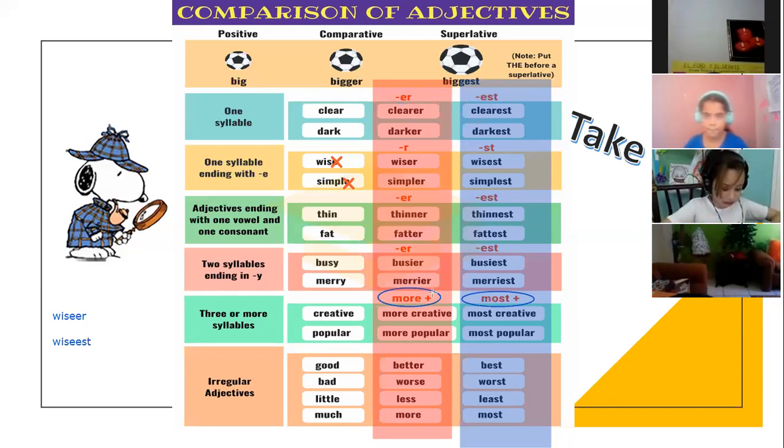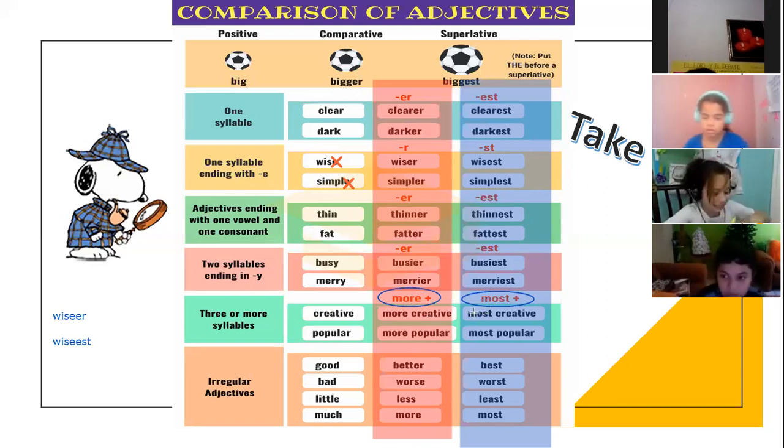But we use more when the adjective has three or more syllables, like intelligent. We are not going to say intelligenter. That word doesn't exist. What we do is use more intelligent, more creative, more popular. For the superlative, we use most.